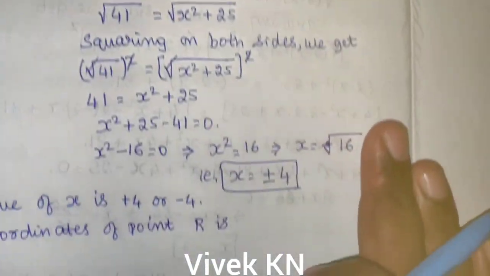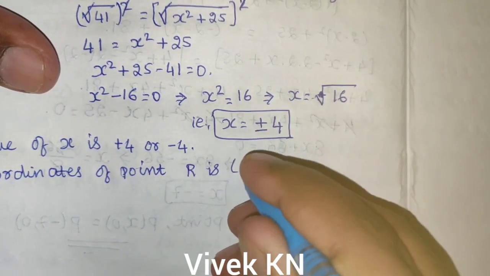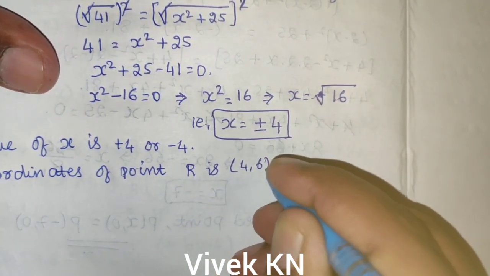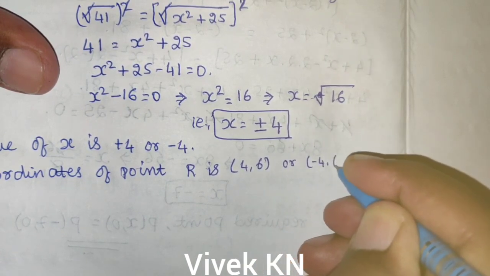Now we have to substitute the value of x, that is 4 comma 6 or minus 4 comma 6.